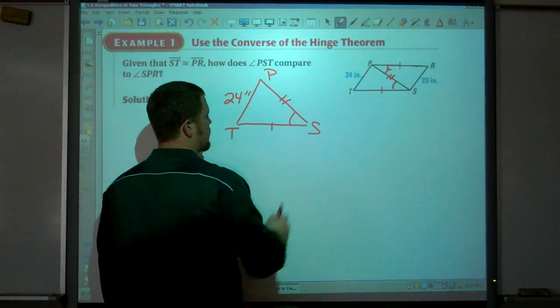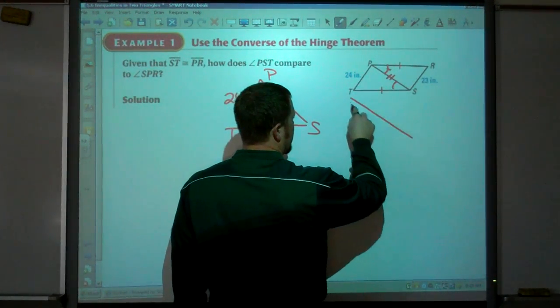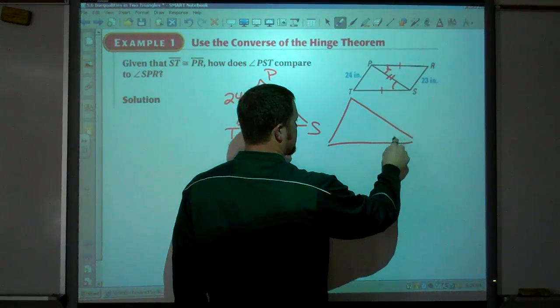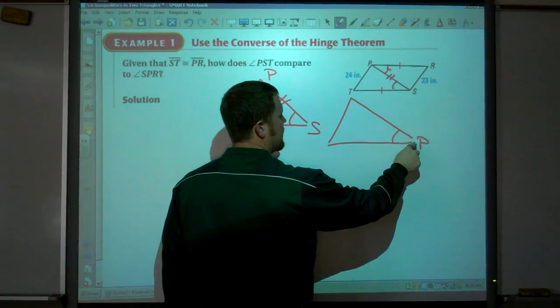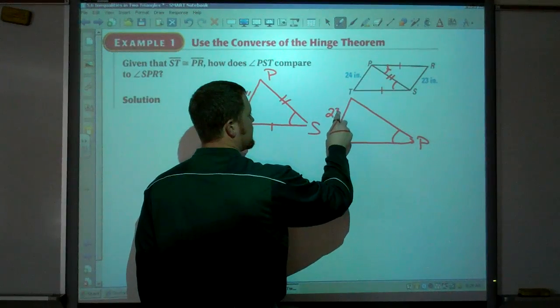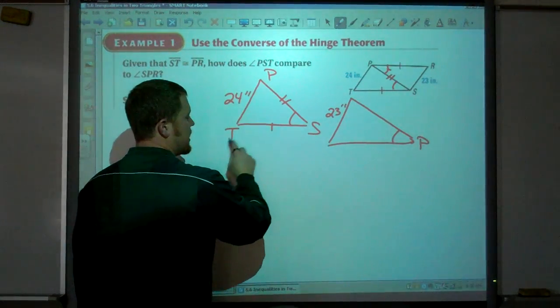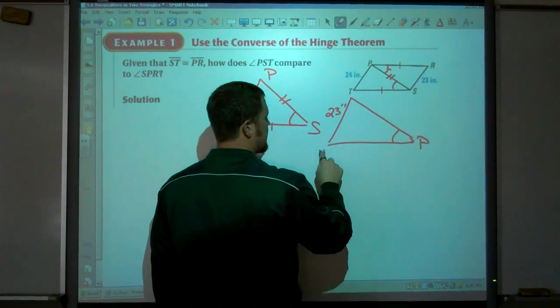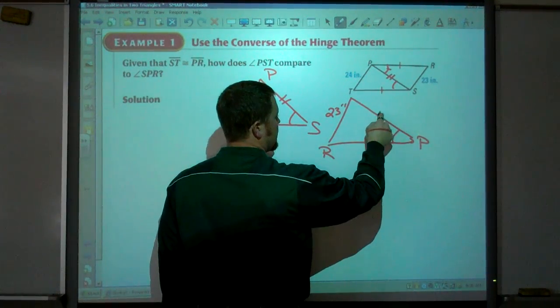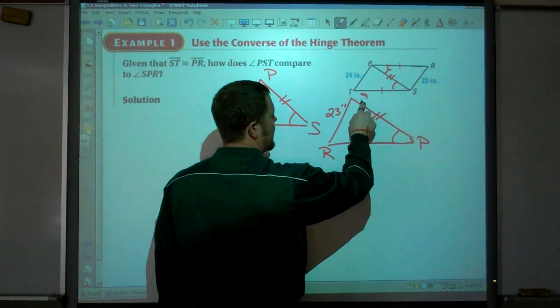And this is the angle we're looking at. And I have my second triangle. This is the angle we're looking at, which is angle P. This is 23 inches. Segment PR is congruent to segment ST, so this has to be R. Then this one's congruent, and that is S.